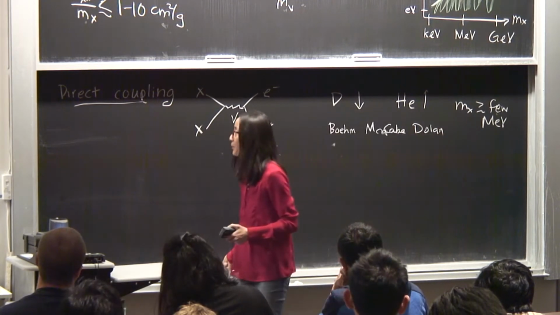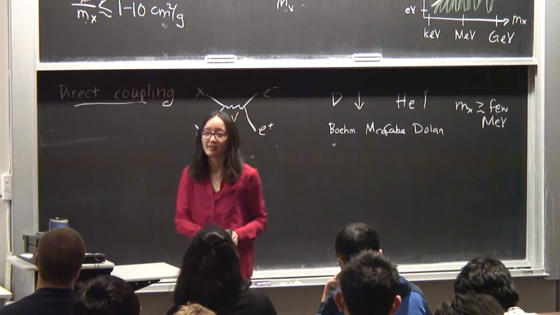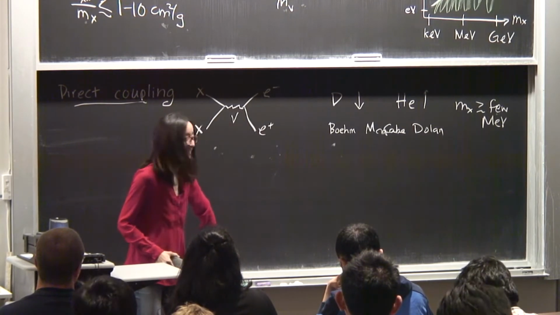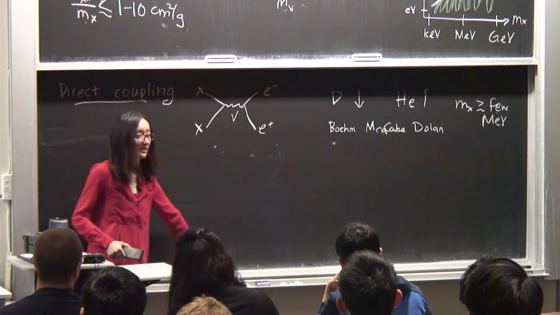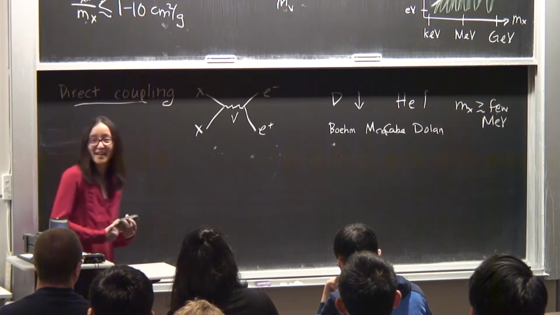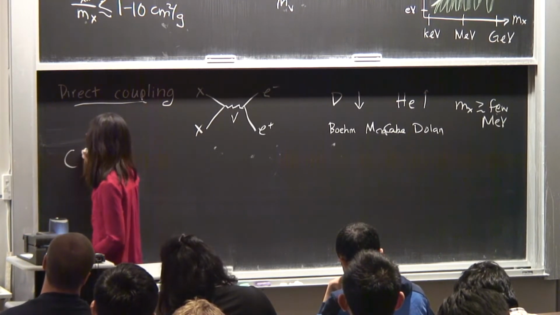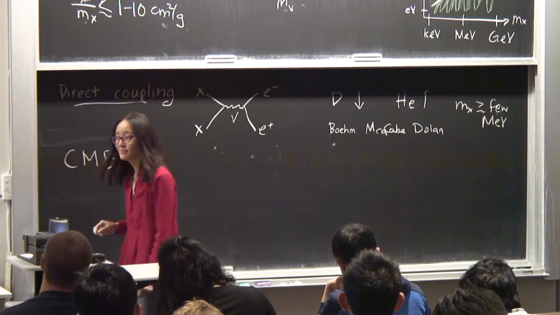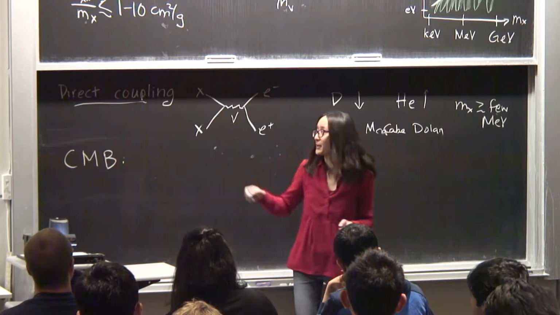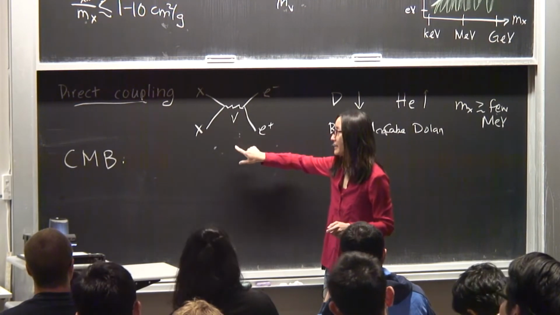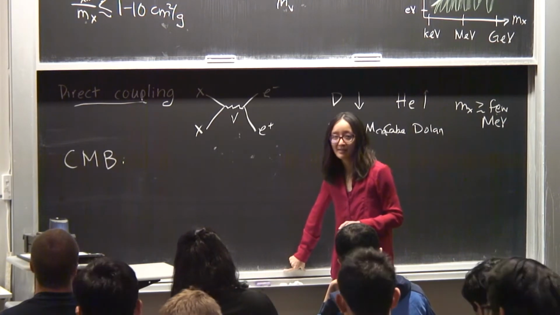There's another very important bound for sub-GeV dark matter if I have a direct coupling. Does anyone know what it is? If I can annihilate to E plus E minus. Dan has not gotten there yet, but a huge constraint comes from CMB again. If you have the thermal relic cross-section, remember that this process is out of equilibrium, and it happens very rarely after freeze-out, but it does happen.